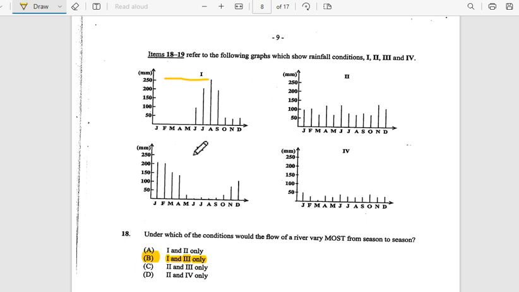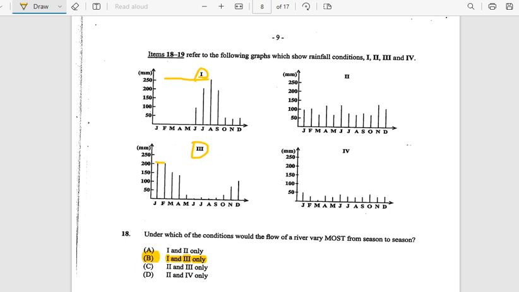So this would be 3 is 1. And in February, we have 200 right here. So number 3 is 1, and this is 2, so it's 1 and 3. So the answer will be 1 and 3, guys.